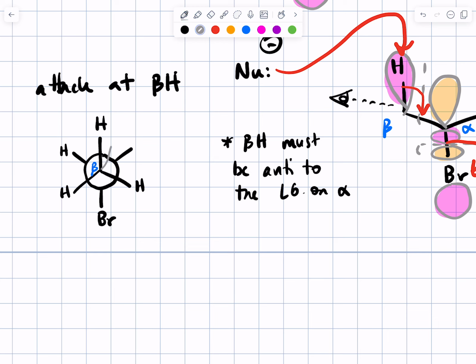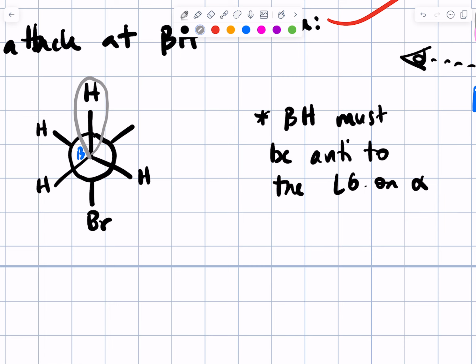I will now draw the orbital portion of the LUMO that's on the beta carbon. And then in the back, where you can't see it very well, I'm going to draw the orbital portion of the LUMO that's on the alpha carbon. And then here's the other portion of that.